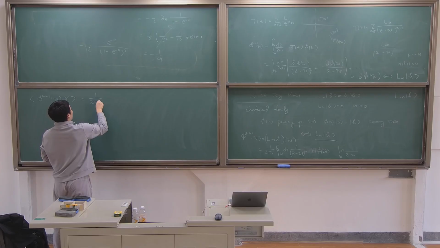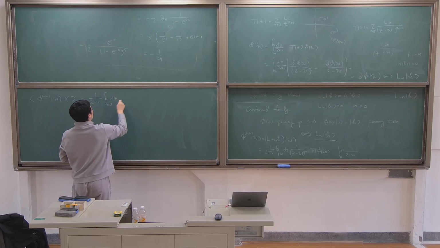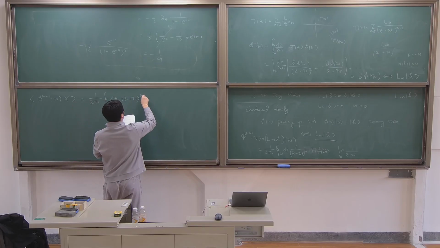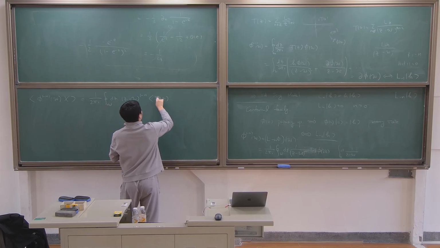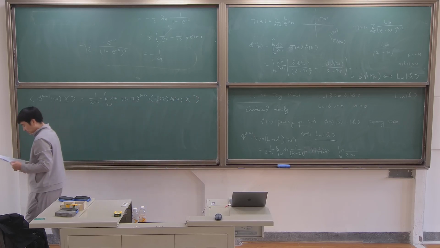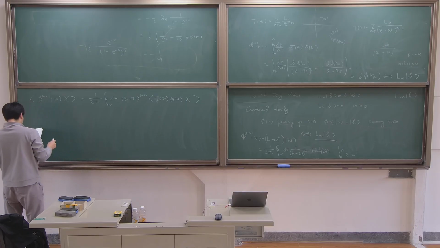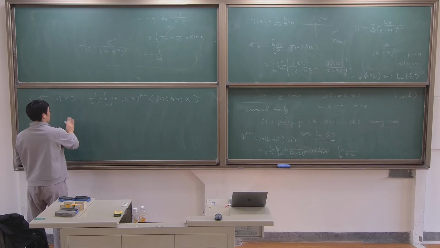So this one is the contour integral dz over 2 pi i, w minus z to the power 1 minus n, T of z, times X. That's what's going to happen, and then just plug into here.